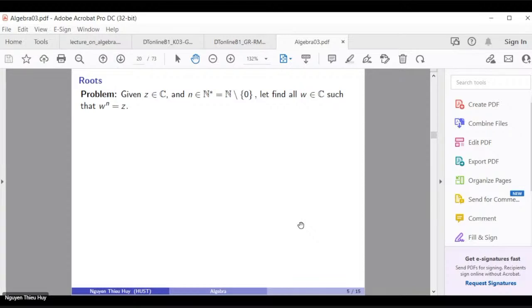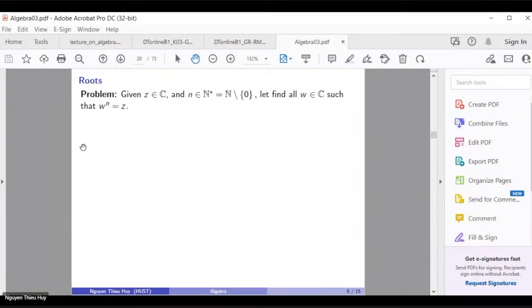Let w be a complex number such that w raised to the power n equals z. This means we want to find the n roots of z. Instead of finding that, we find w such that w to the power n equals z.